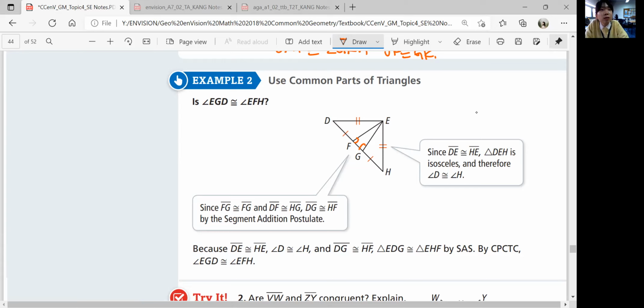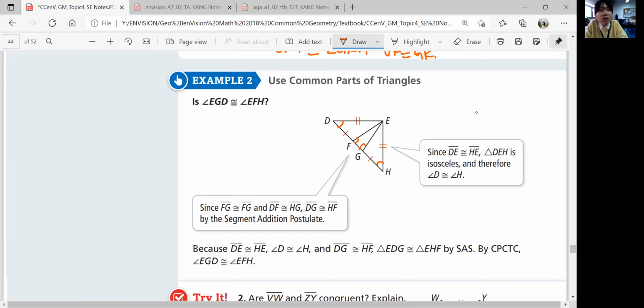Since these sides are congruent, DEH is isosceles, the big triangle is an isosceles triangle, and so D and H should be congruent by the property of isosceles triangles, right? We learned that last lesson, last topic, right?